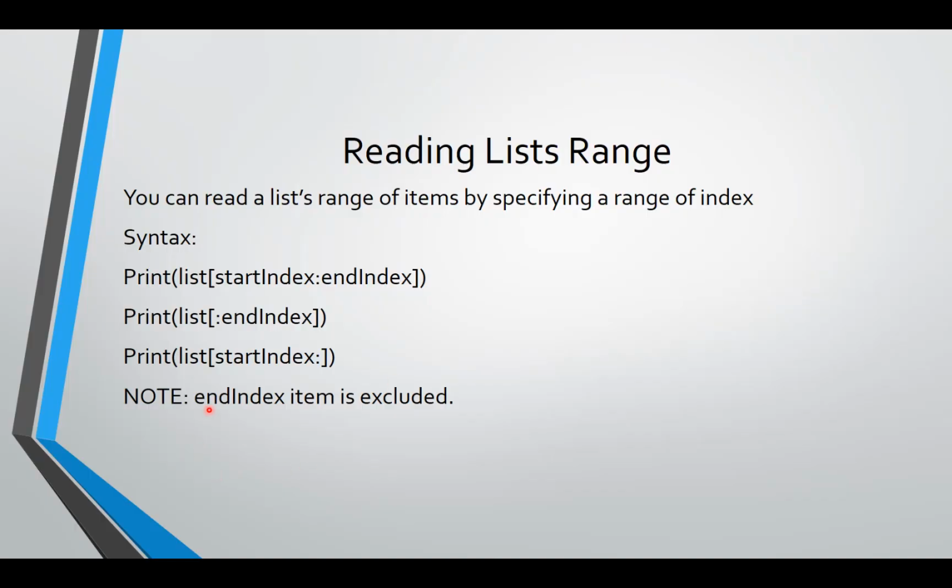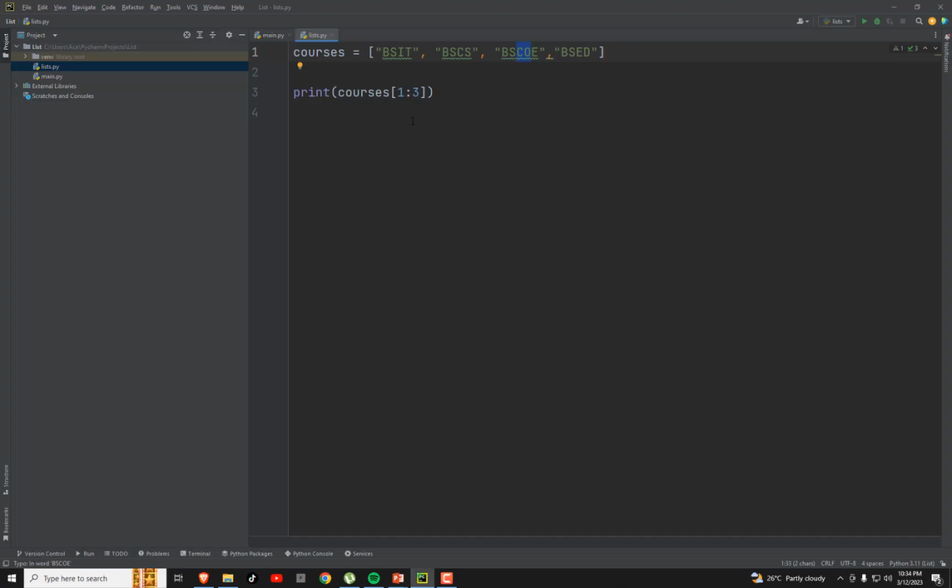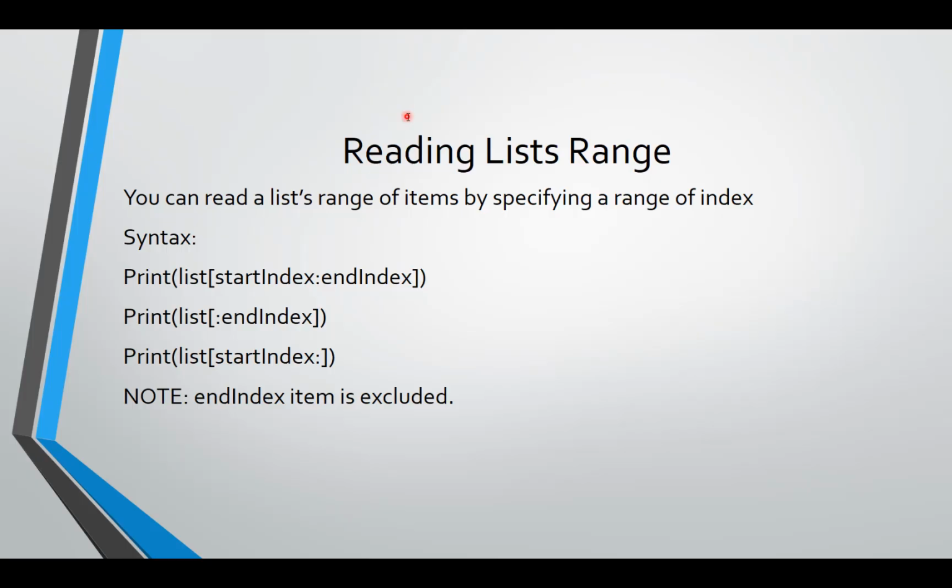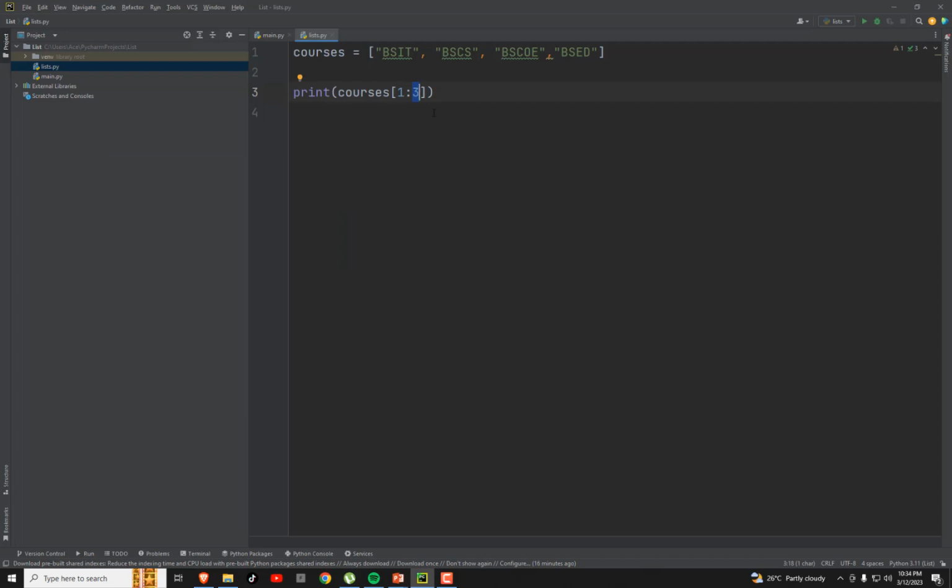Why? We have a note here: end index item is excluded. Which means whatever value you put here as the end index, it will not appear. So for example here, 1 and 3: index 1 to index 3.